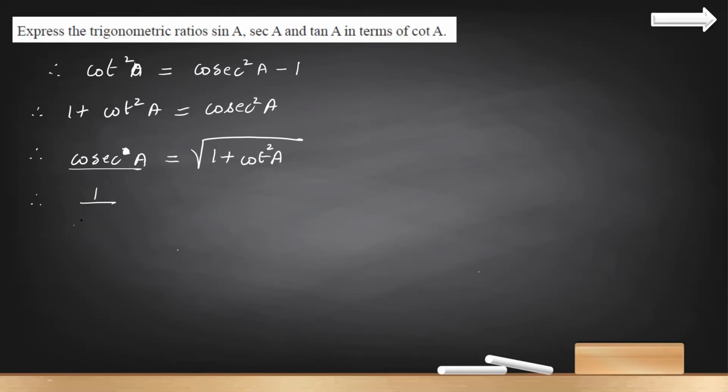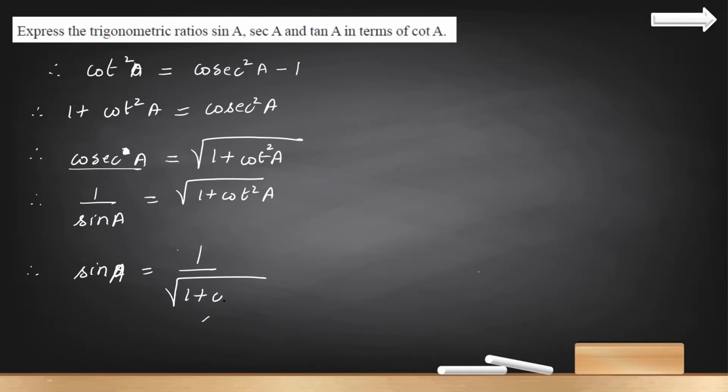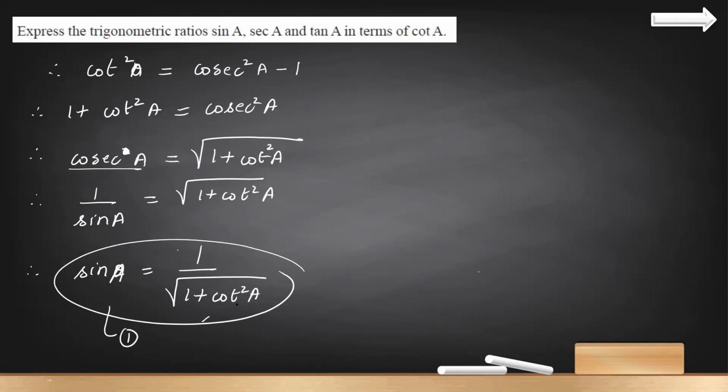Cosec A is equal to 1 upon sine A. 1 upon sine A is equal to under root of 1 plus cot square A. So what we need, first thing is we need sine. So therefore just interchange the places. Sine A is equal to 1 upon square root of 1 plus cot square A. So this is the first thing that we wanted, sine A in terms of cot A.